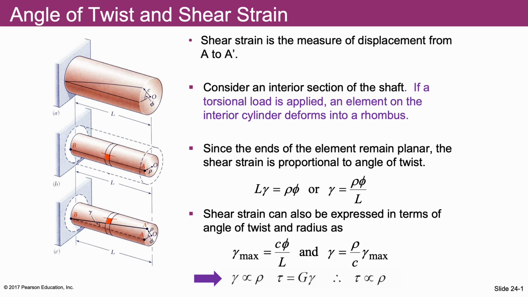And please recall that when this shaft experiences torsional deformation due to applied torque, a point which is located initially at A changes its position to A prime, and this angular displacement is represented by phi. This phi represents the angle of twist.